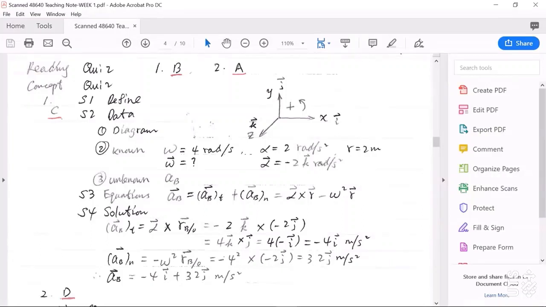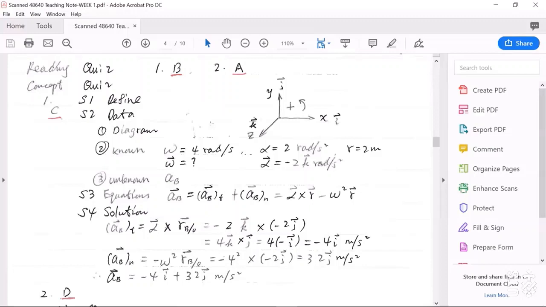Okay, vector calculation, cross product. And we will get 4 vector k cross product vector j. Using the right-hand rule, vector k cross product vector j, we can get a vector along the x direction, so it should be I. And its direction can be determined using the right-hand rule.